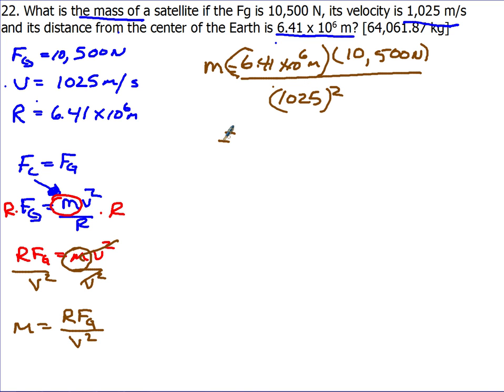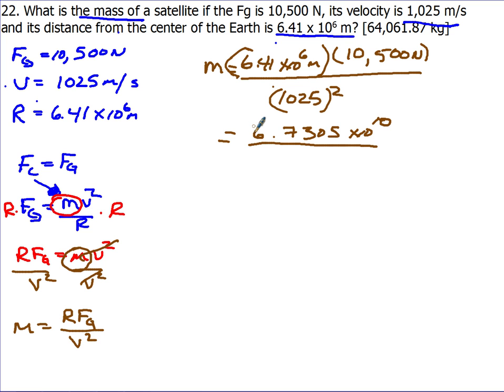What you want to do is multiply straight across the numerator. 6.41 times 10 to the 6 times 10,500 gives me 6.7305 times 10 to the 10th, divided by 1025 squared.